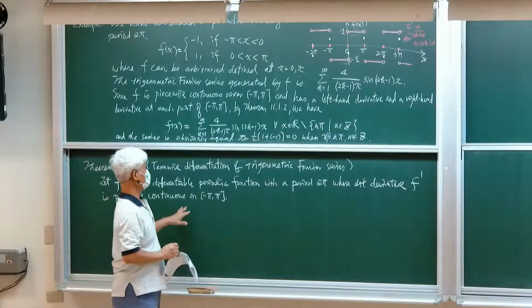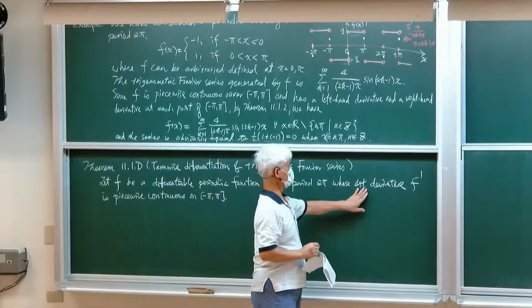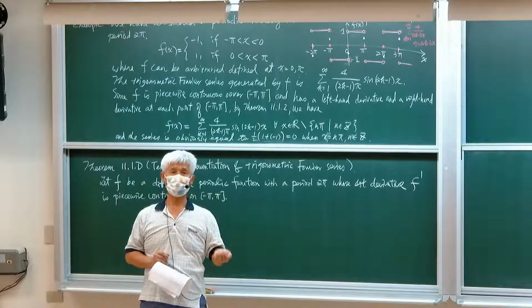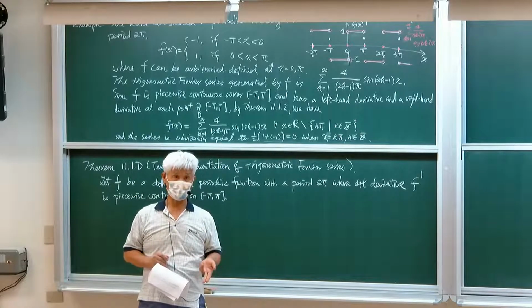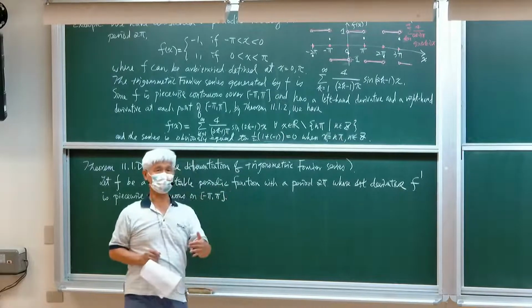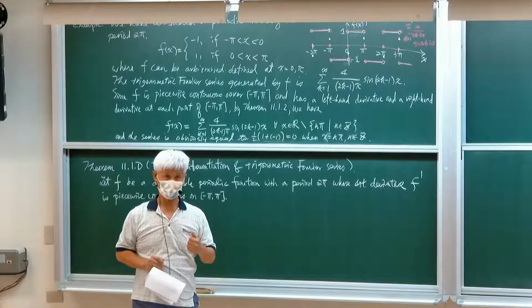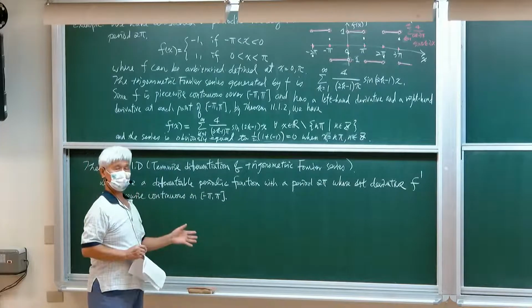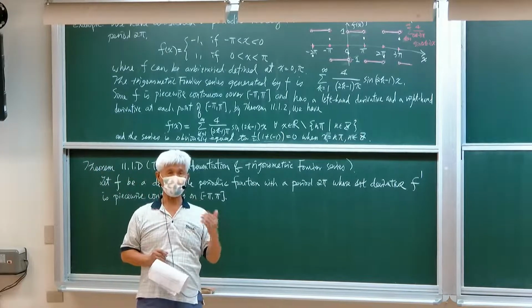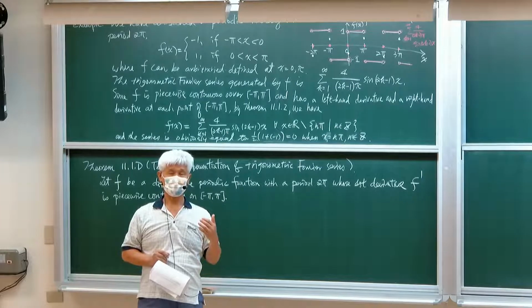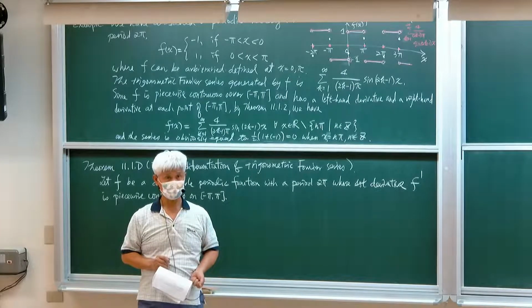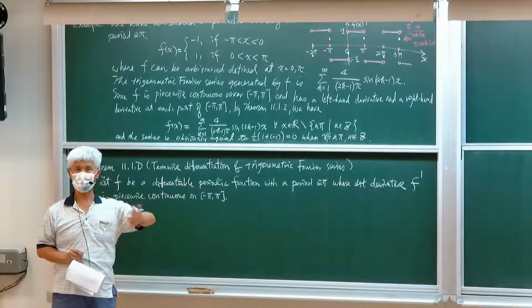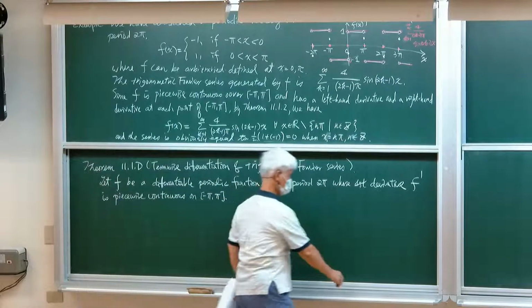Second, because it is differentiable, it has a left-hand derivative and a right-hand derivative at every point, and they are equal. So f of x can be represented by its trigonometric Fourier series at every point, because f is continuous.